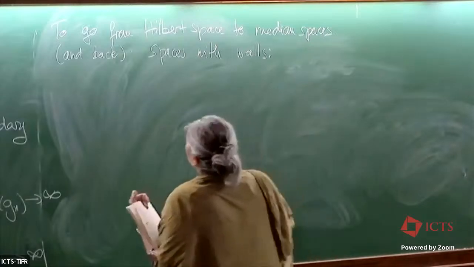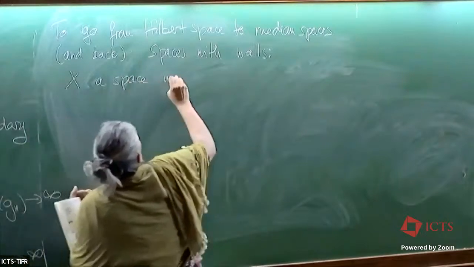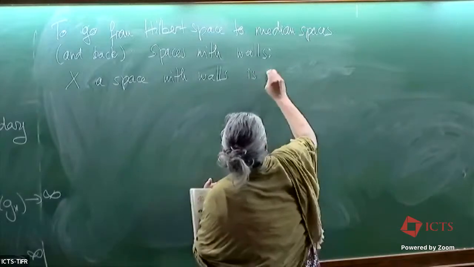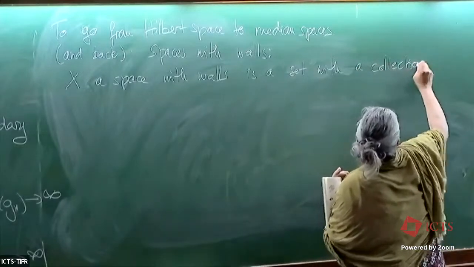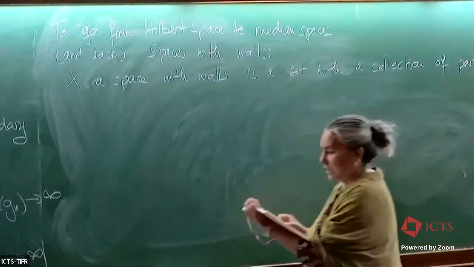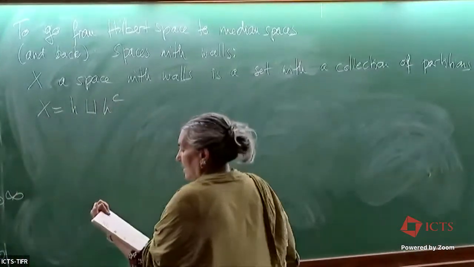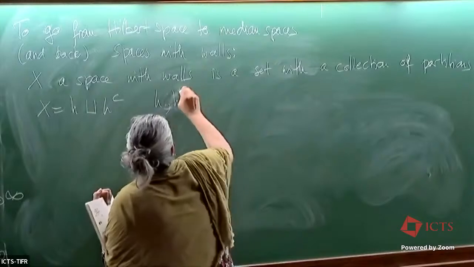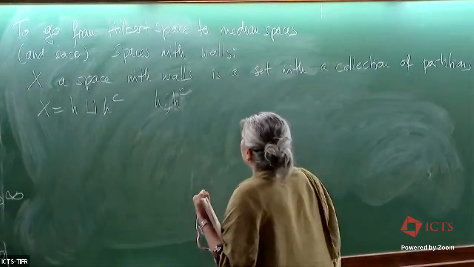Right. So a space with walls, or wall space, is a set X with a collection of partitions. X is H union H complement, where H is in the collection, which is not a Hilbert space anymore.